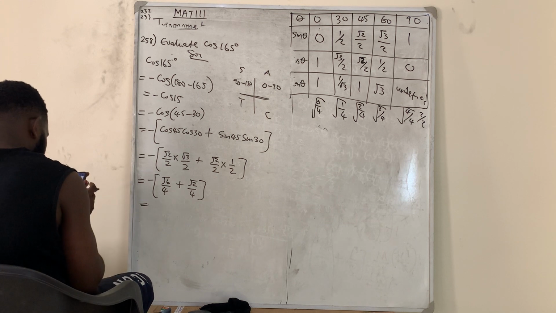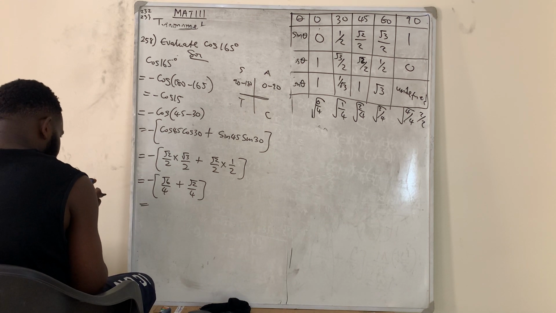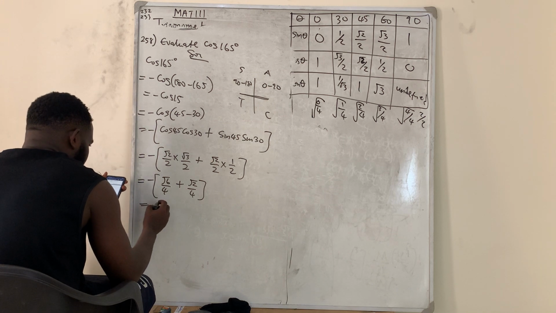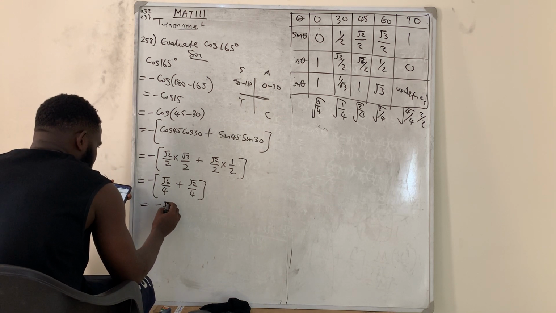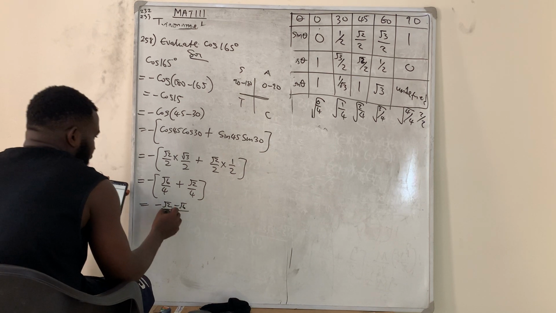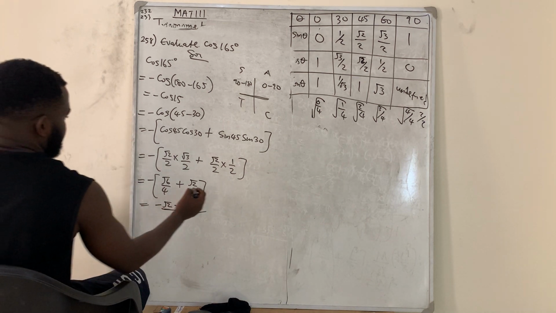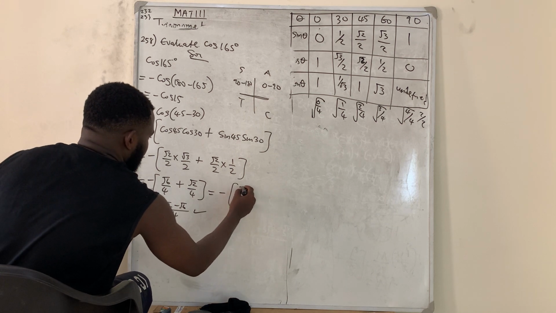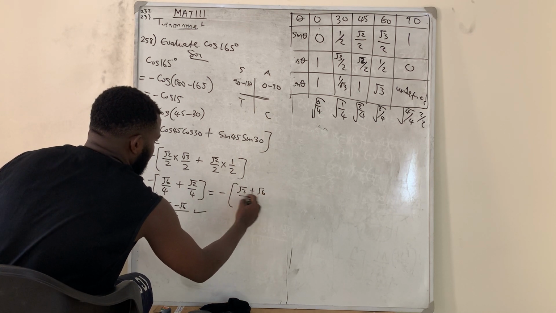Okay, so let me check the option they have there. If I open this bracket, according to their option, it's minus root 2 minus root 6, everybody over 4. So that is this according to LCM, because this is minus into root 2 plus root 6 all over 4.